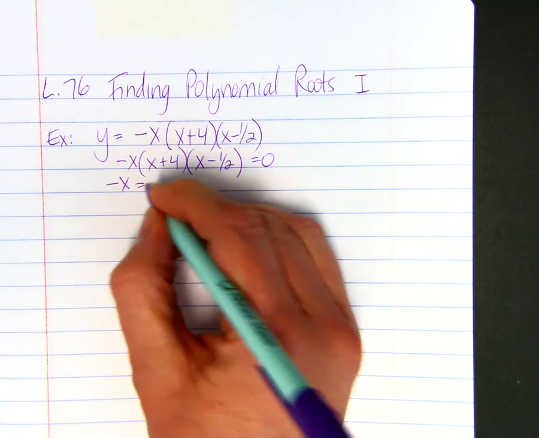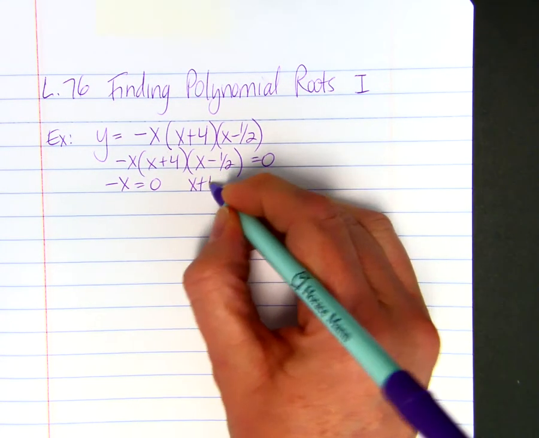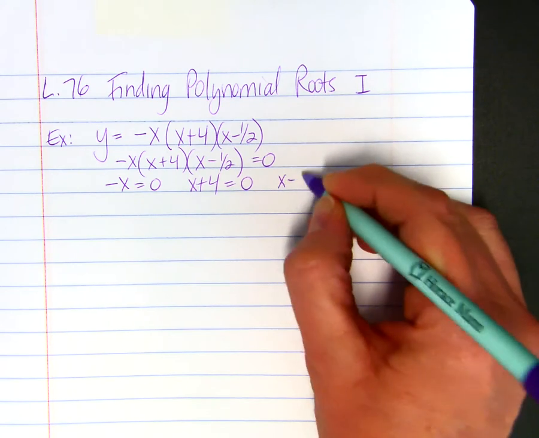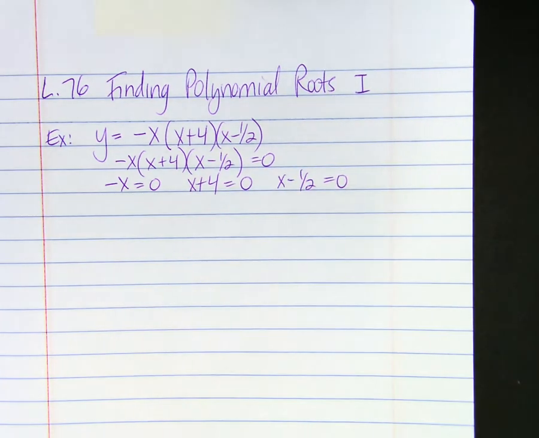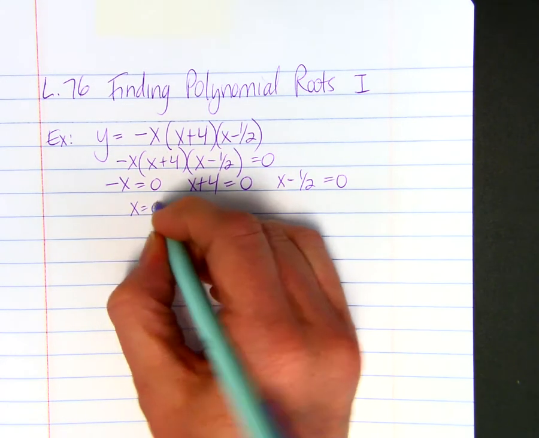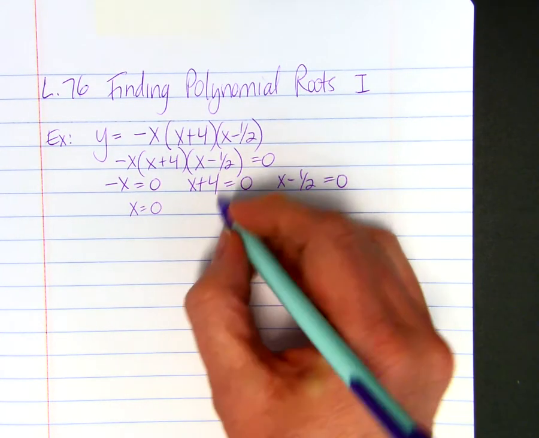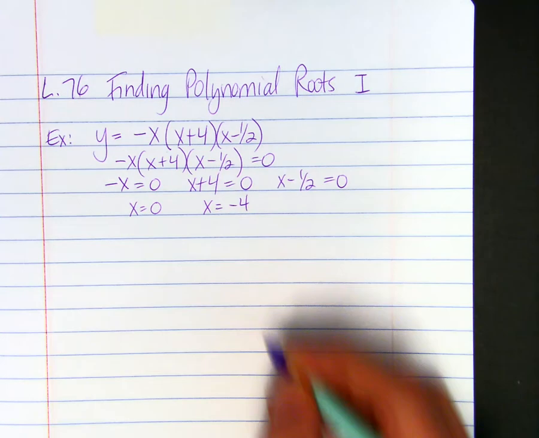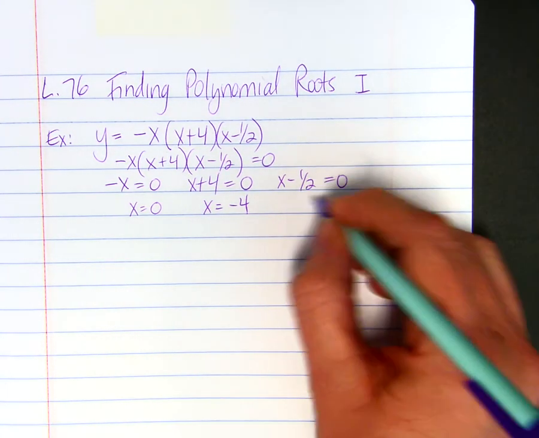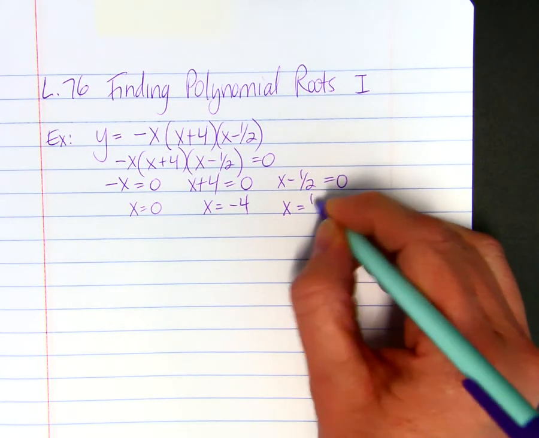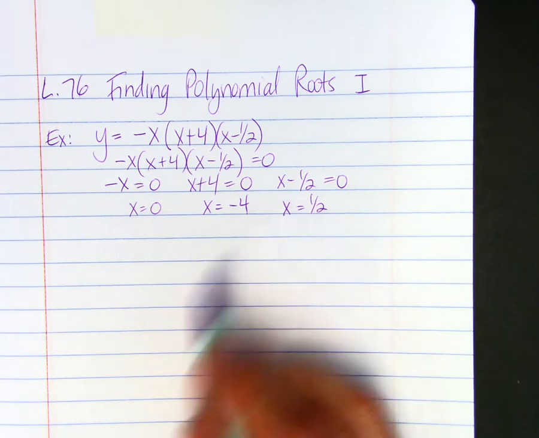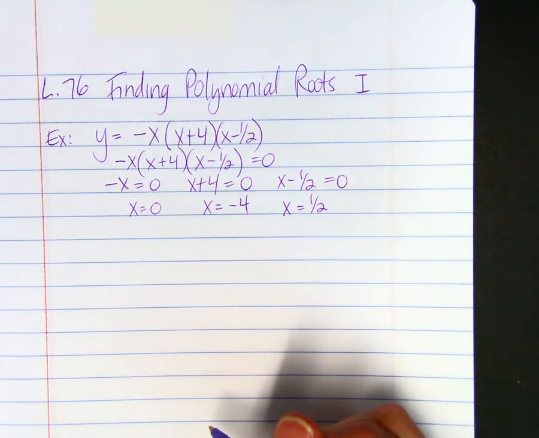So either negative x equals 0, or x plus 4 equals 0, or x minus 1/2 equals 0. Then solve for x. So x can equal 0. Subtract 4 from both sides, so it could be negative 4. Or when you add 1/2, you get x equals 1/2. So these are the polynomial roots.